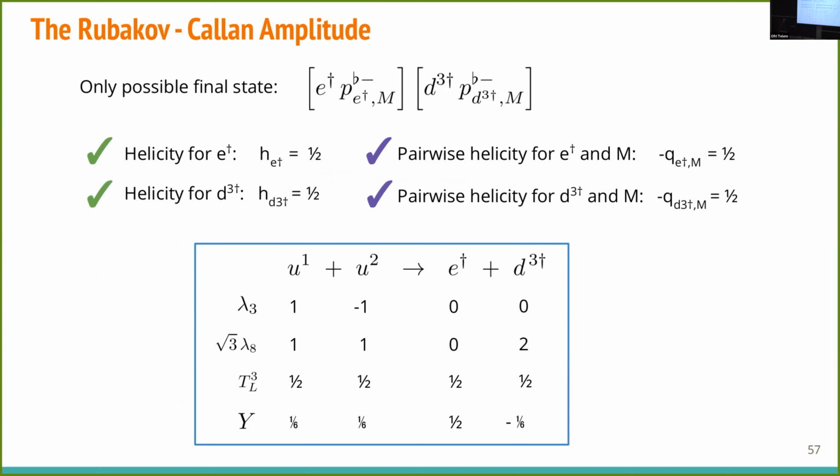What can you do? You can write down this outstate, which conserves all the standard model quantum numbers and has the right pairwise and regular single particle helicity transformation, and that involves the E dagger and the D3 dagger. And you can go through this and try to write down any other outstate, and it just either won't conserve standard model quantum numbers or won't have the right pairwise transformation rule.